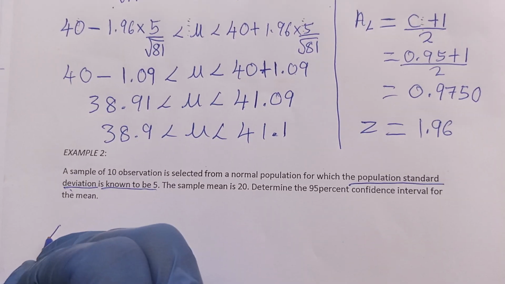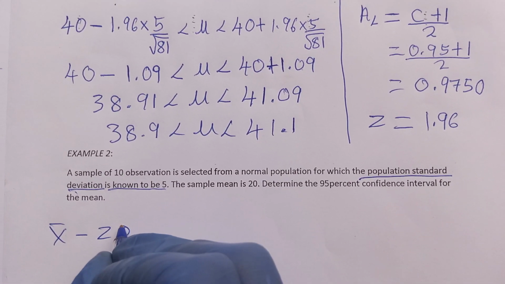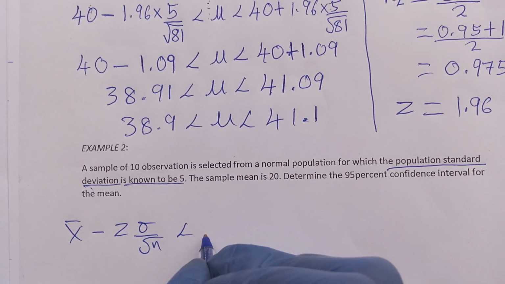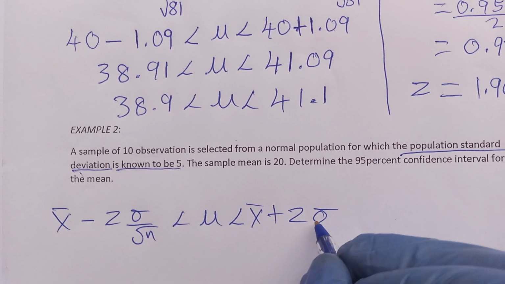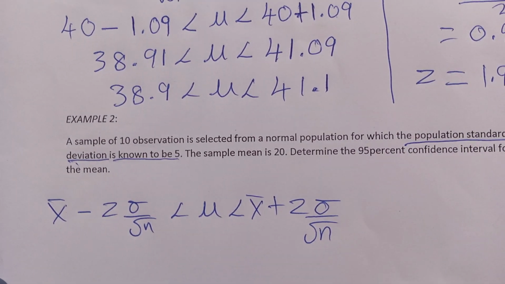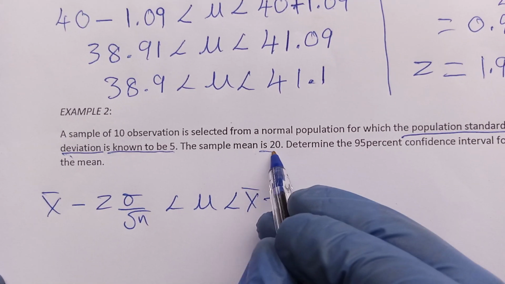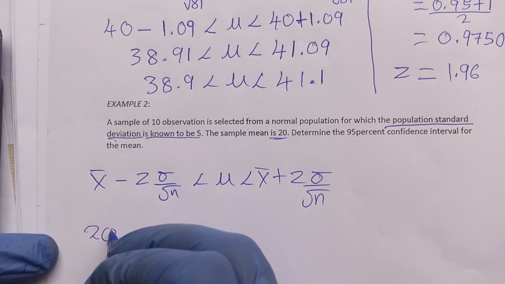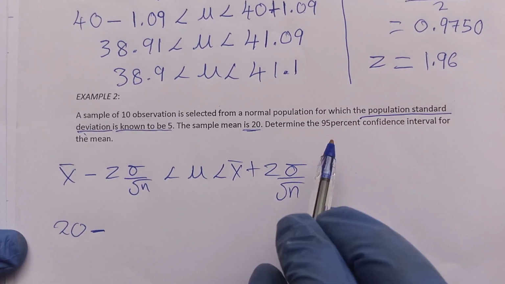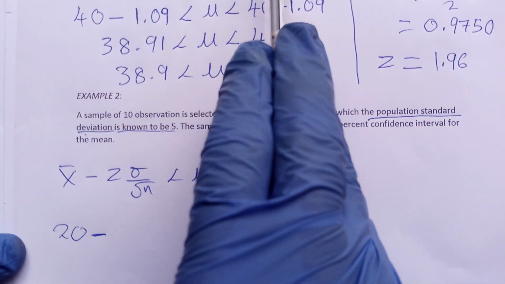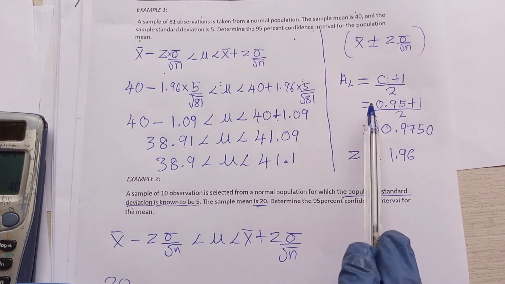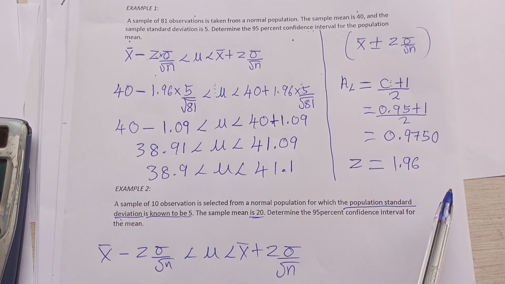So quickly, you write the formula, same formula: sample mean minus z multiplying standard deviation over root n, less than mu, less than sample mean plus z multiplying standard deviation over root n. So what's our sample mean? That's 20 minus, you have a 95% confidence. Same procedure you use here to find the 95% confidence to give you 1.96.